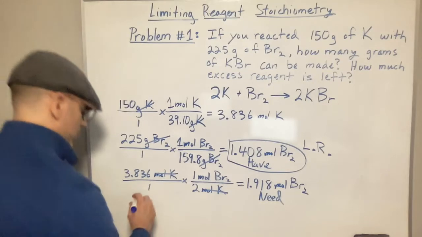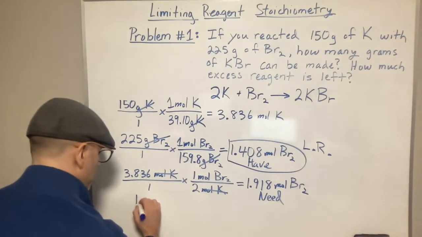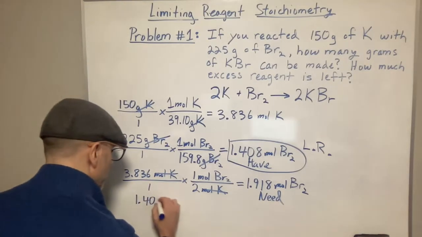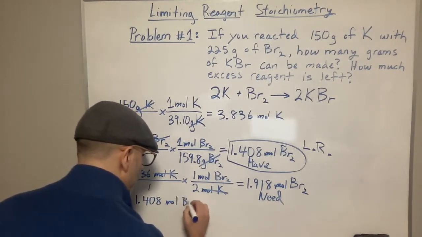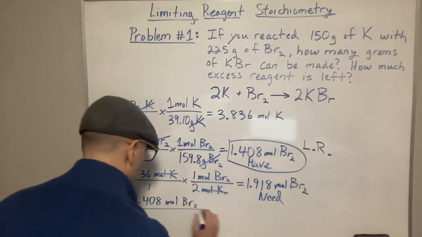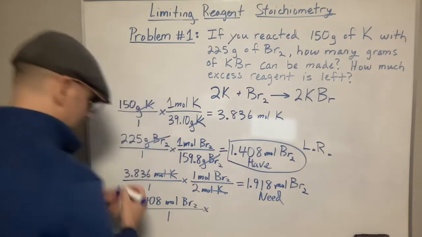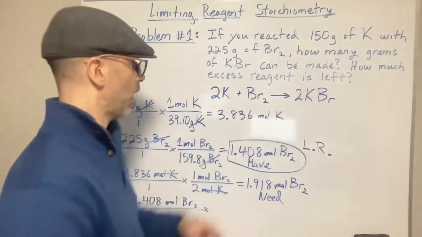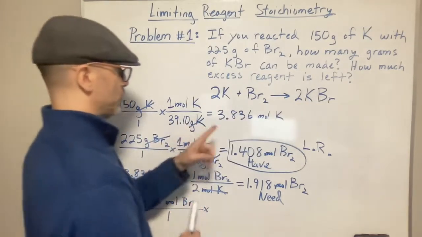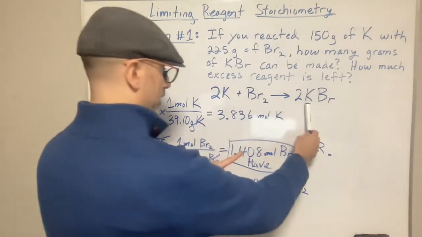So then what I can do is take 1.408 moles of the Br2 over 1, and I want to know how much KBr I can form. Well, now I can use a mole ratio between the bromine and the KBr.